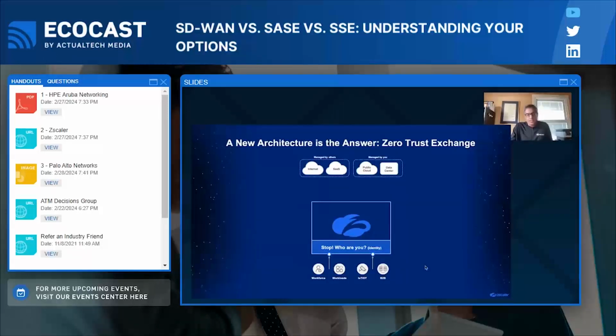So as part of this zero trust architecture through an SSE type of platform, the first thing that happens is an identity step. And this is what's really different about these architectures versus more traditional architectures. Everything is stopped and queried from an identity perspective.